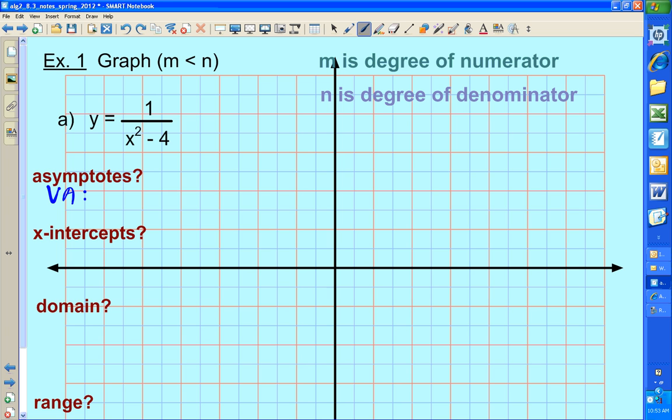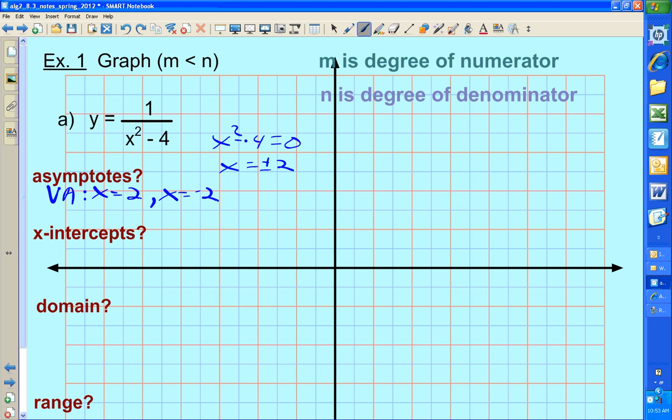Set the bottom equal to 0. Denominator equals 0. If you write it out, you aren't going to make mistakes. X squared minus 4 equals 0. What does x equal? X equals plus or minus 2. Now, you're welcome to write x equals plus or minus 2. I'm going to write them out. X equals 2 and x equals negative 2.